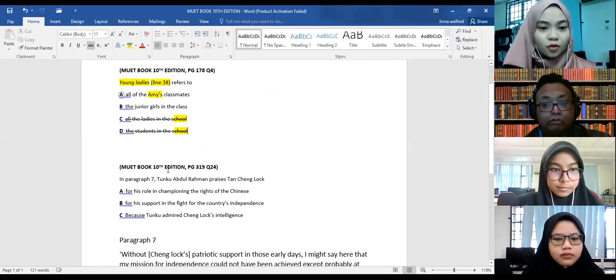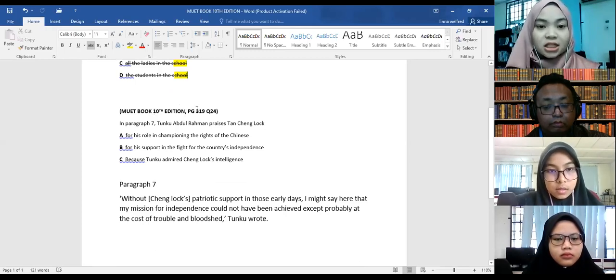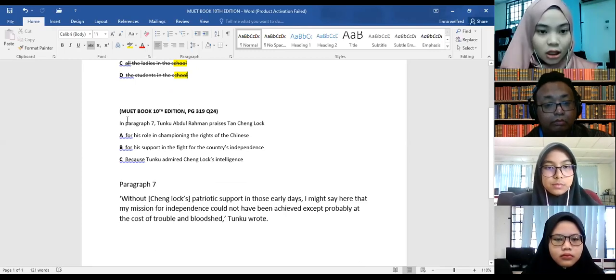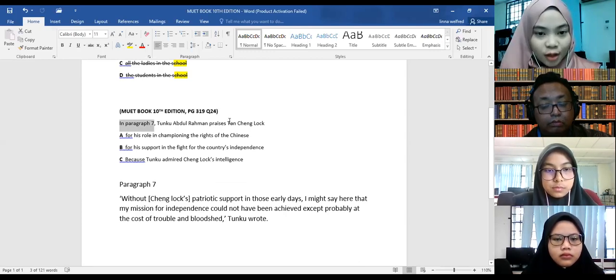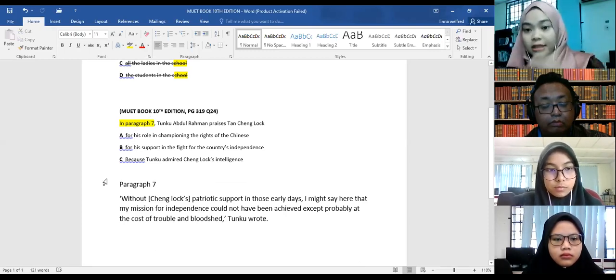Let's move on to the indirect questions. MUET Book 10 edition, page 319, question 24. First read the statement: in paragraph 7, Tunku Abdul Rahman praises Tan Cheng Lock. We need to refer to the paragraph or the line stated in the statement.